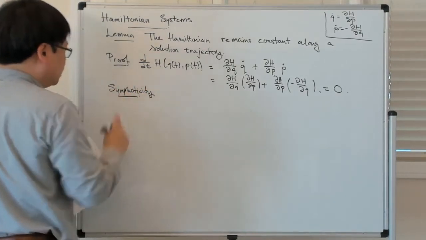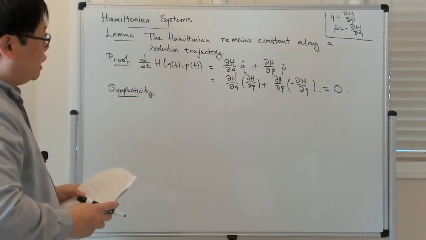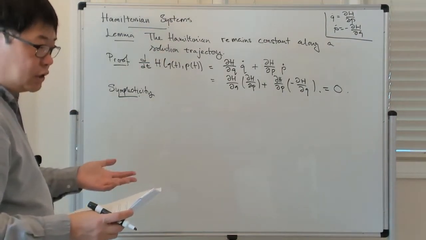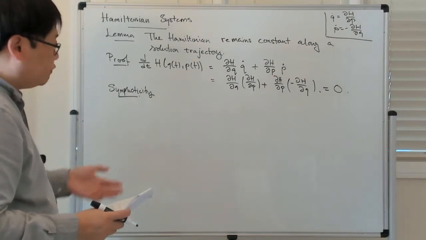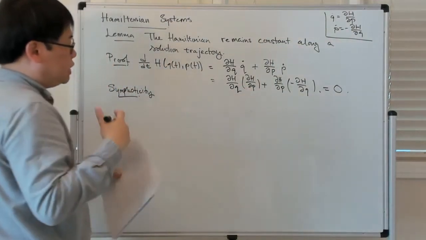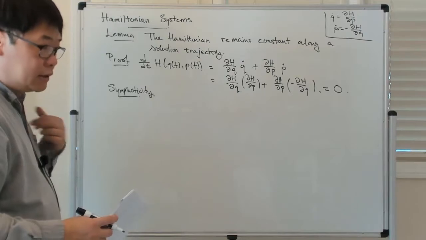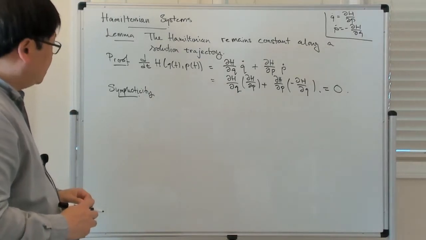One manifestation of symplecticity is the observation that if you have a Hamiltonian system with one position variable and one momentum variable, a 1+1 dimensional system, then the area of the phase space is preserved by the flow.